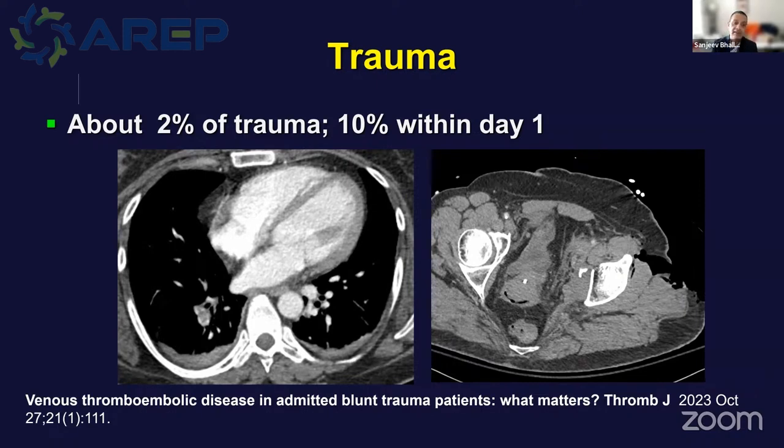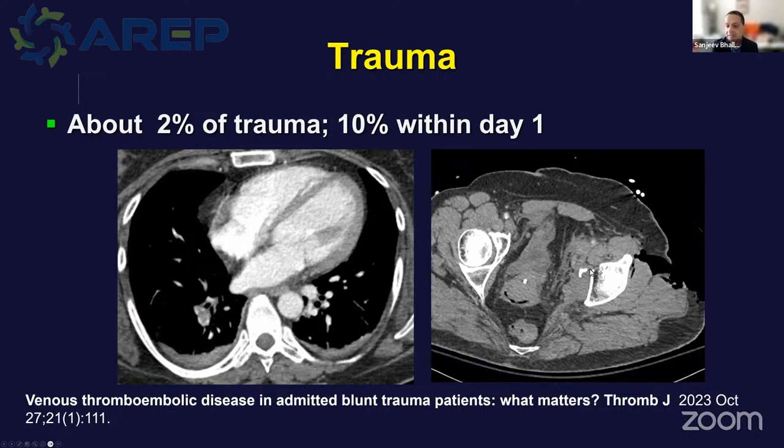So always, even if you're in a level 1 trauma center and you're looking at a PE protocol, or even a trauma CT, take a moment to look for PE, because they're pretty common in trauma patients. And because these patients often are admitted and they often are dormant in the hospital, they have a much higher incidence of PE than other patient populations. It's said up to 10%.